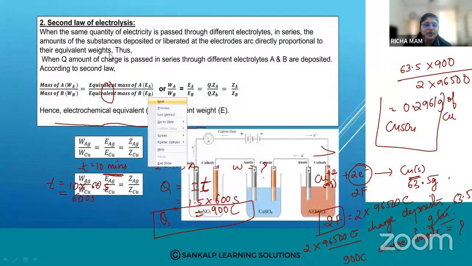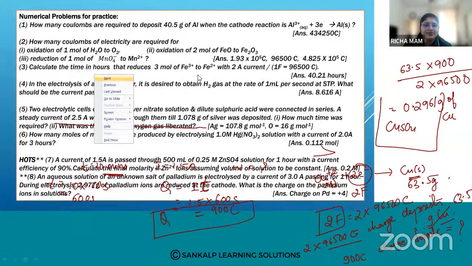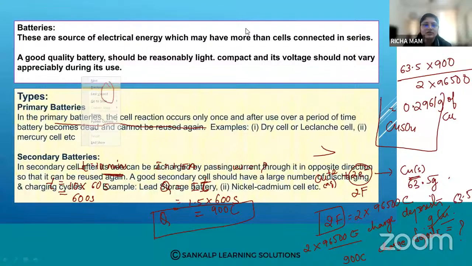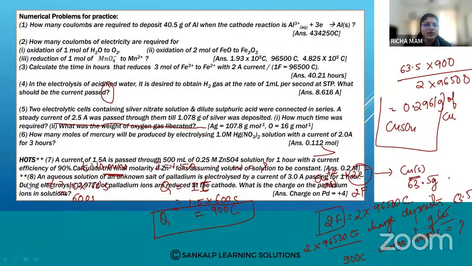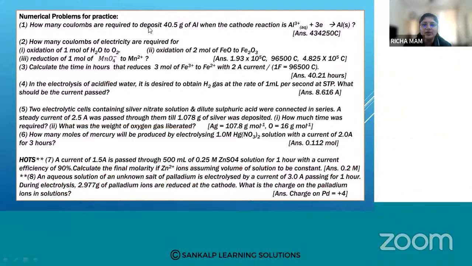Okay. One more question we will see. Solve the first one. How many coulombs are required to deposit 40.5 grams of aluminium when the cathode reaction is Al3+ plus 3 electrons giving you Al solid? Let us solve this. Try to solve.